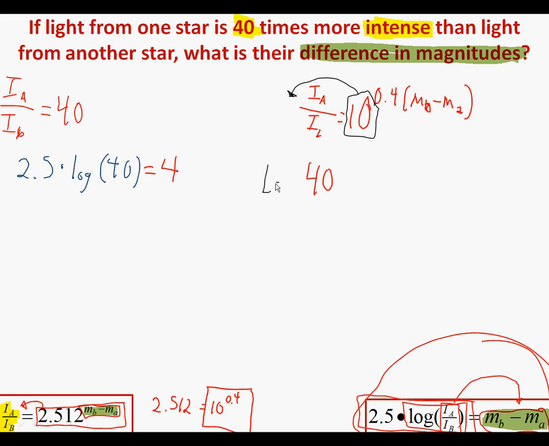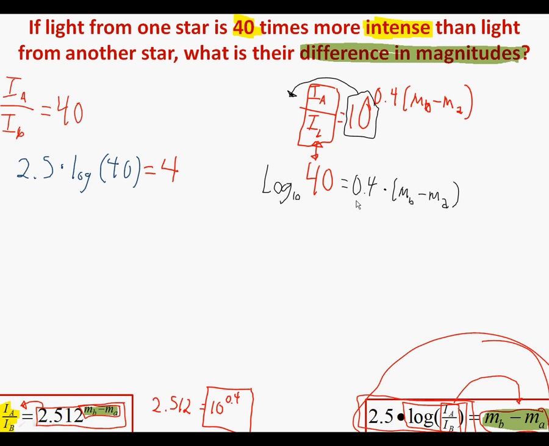So that'll be log base 10, which I don't really have to write the 10 at all, and that is equal to 0.4 times MB minus MA. Alright, so remember, IA over IB is 40.